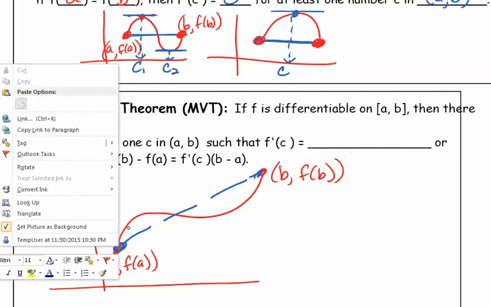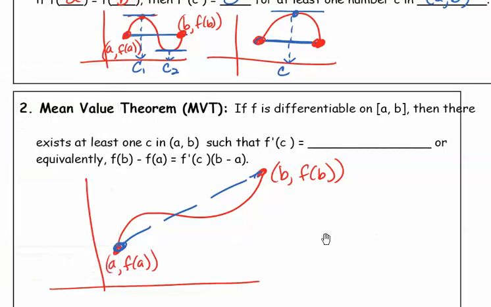If we have a differentiable function, so meaning that it would be continuous and no corners and no discontinuities, then somewhere along the way there has to be at least one place where the tangent would be parallel to the secant, and these would be our values of C, the places where the tangent is parallel to the secant.